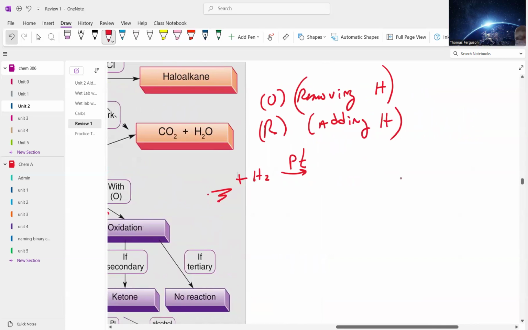In 305, we talked about oxidation as transfer of electrons, losing electrons. In organic chemistry, we substitute H's for electrons. So if we're adding hydrogen, that's reduction. Losing hydrogen, oxidation.